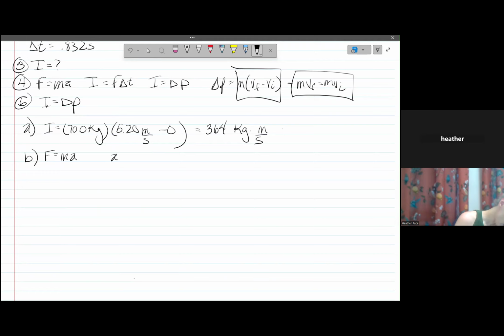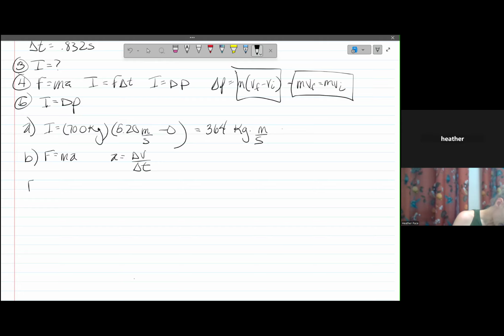And acceleration is just delta V over delta T. That could have been an equation that we wrote down, but I don't even think of that as an equation, because what is acceleration? Acceleration is the change in velocity over the change in time. It's sort of like a definition. If it is helpful for you to write that down, write that down.